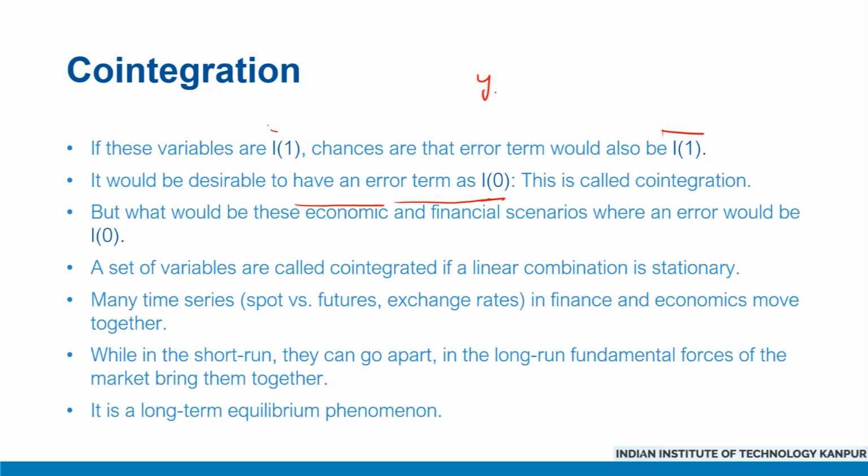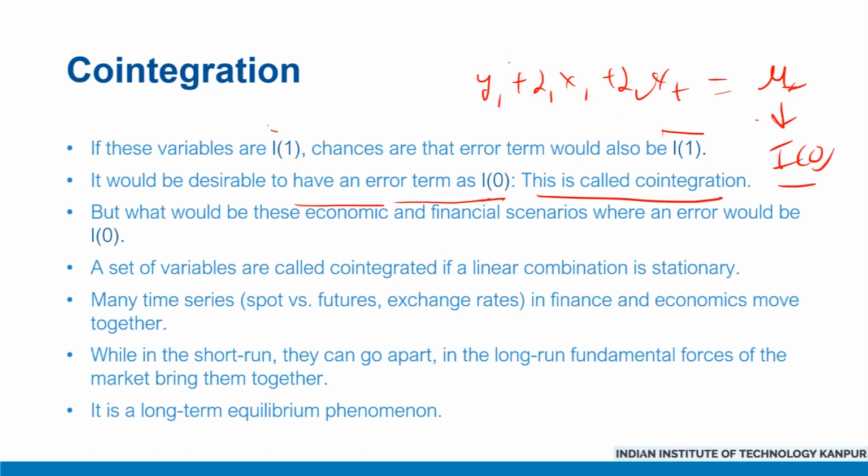And in the model we expressed, y1 plus alpha 1 x1 plus alpha 2 x2 equals mu t, if you find that mu t is I(0), then this is called cointegration. That means y1, x1 and x2 are cointegrated with each other. What could be those economic and financial scenarios and influences that will lead to I(0)?